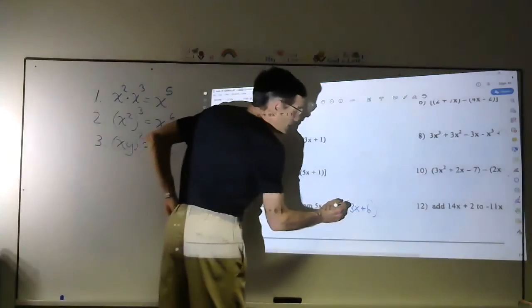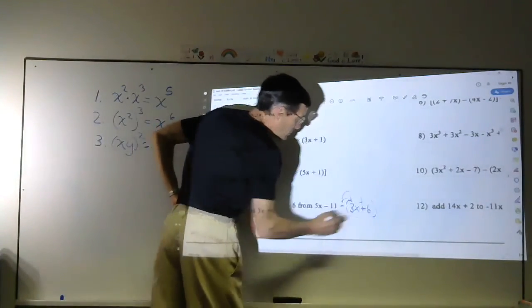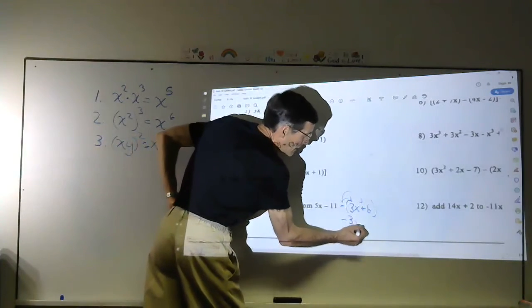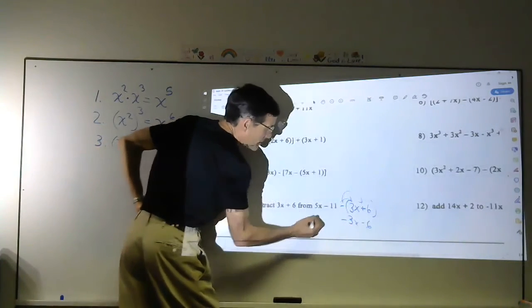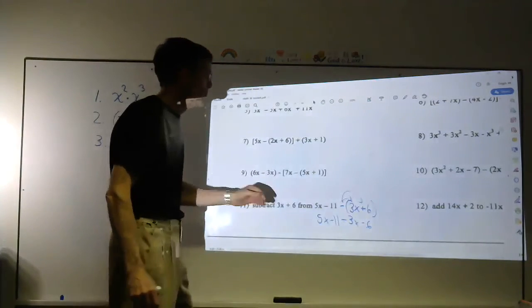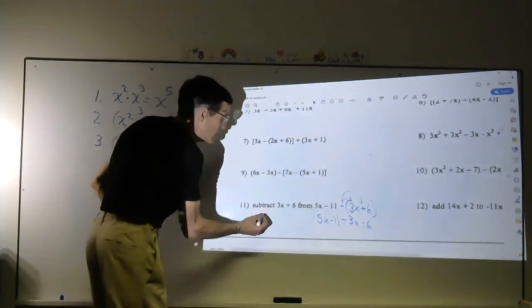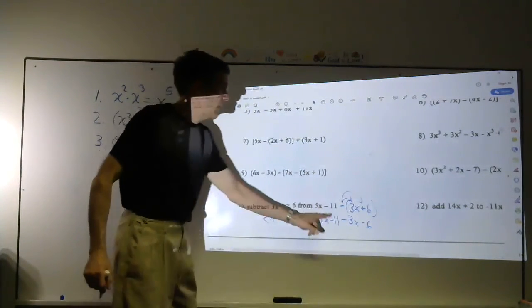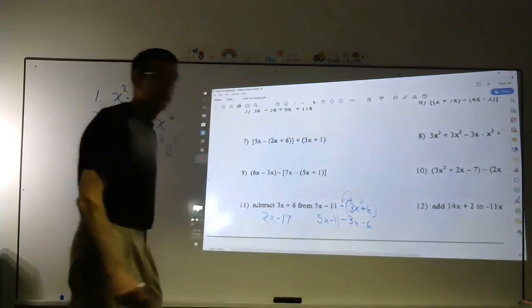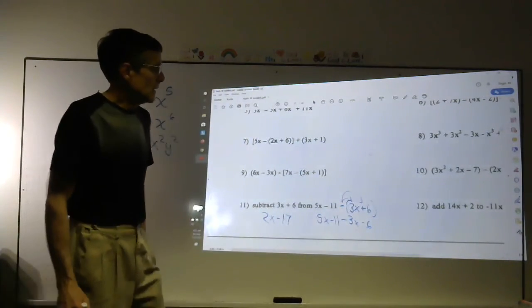Which means you have to take this negative into both parts. So this becomes a negative 3x and a minus 6. And we still have the 5x minus 11. Collect your terms. 5x minus 3x, 2x. Negative 11 and negative 6, negative 17. Yep. All right.